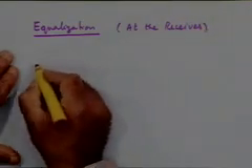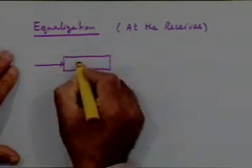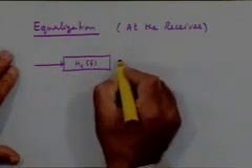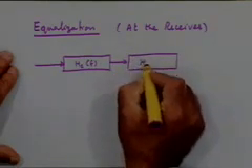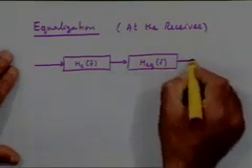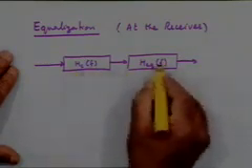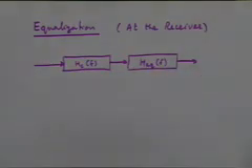The message signal goes through a channel with a transfer function H_C(f). At the receiver, we have a filter with transfer function, let's say, H_EQ(f), where the product of these two together appears as a distortionless channel.